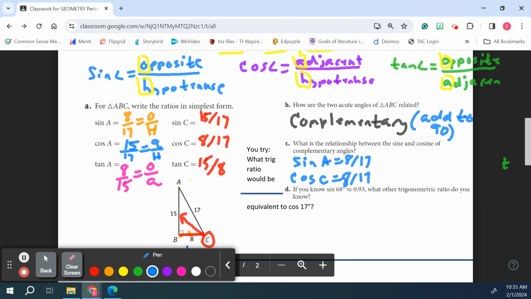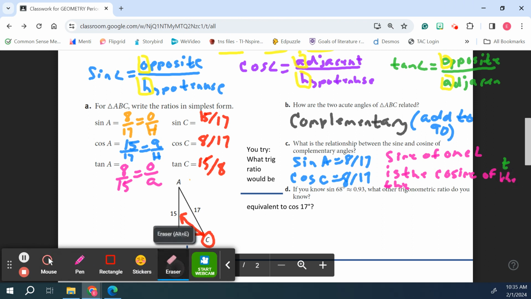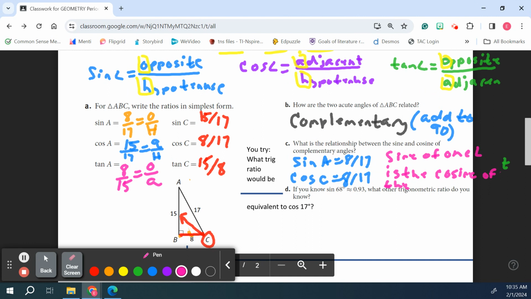That's not a trick. So the important information here that you need to know is the sine of one angle is the cosine of the other angle. That's actually very important because these have different degree measures.